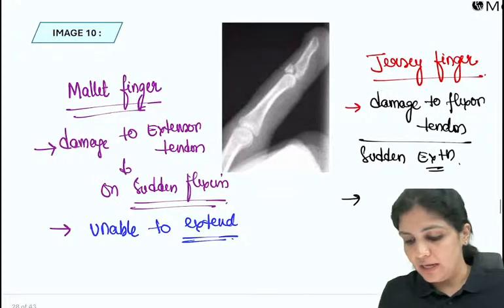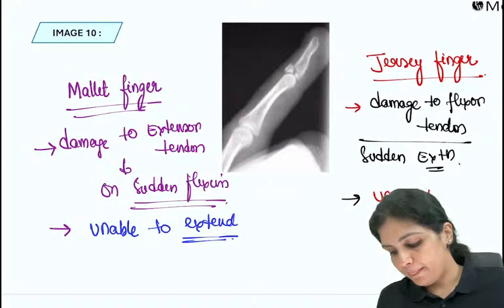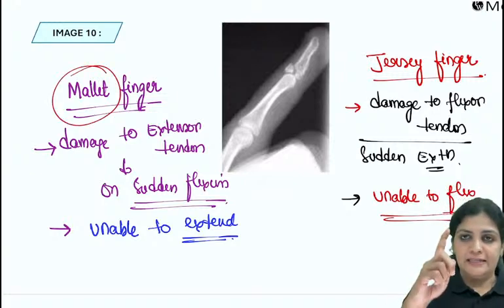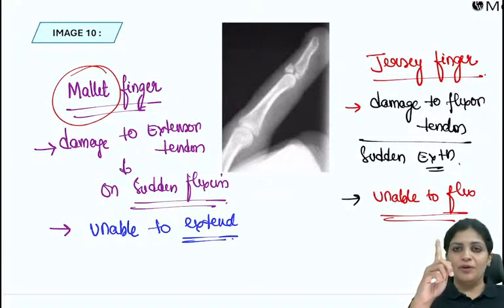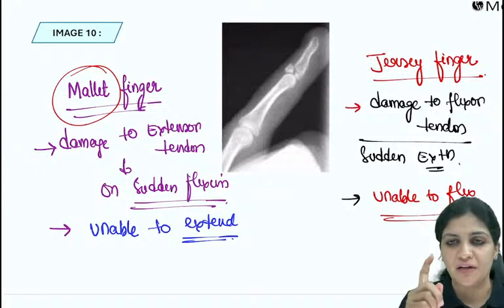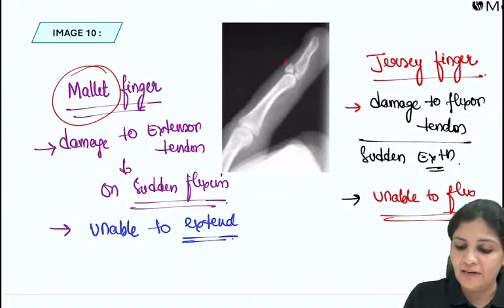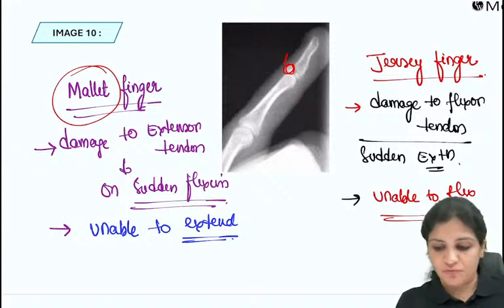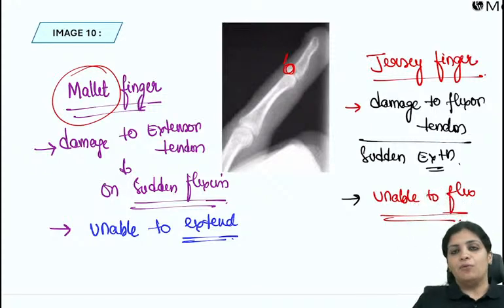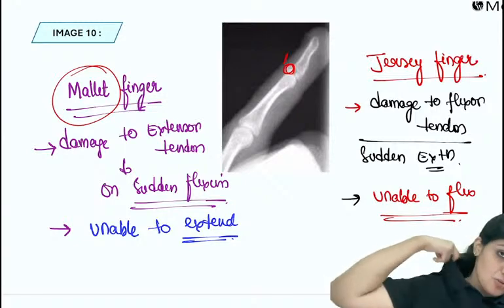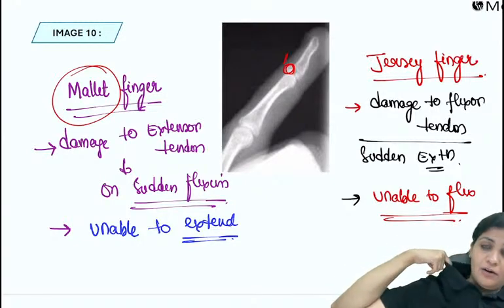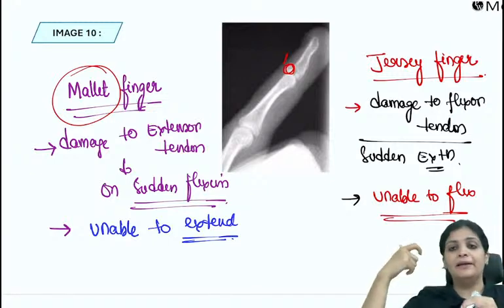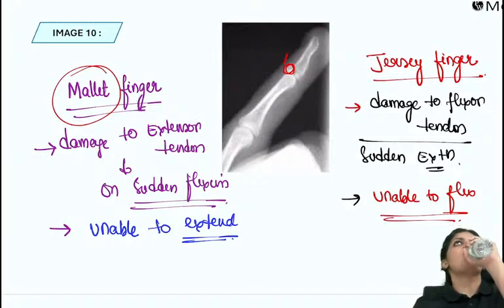And now patient will be unable to flex. So remember, mallet is like this. It will be like this. So patient will be unable to extend it like this. We will put his finger in this way. So this is a mallet finger. It is an avulsion fracture again, avulsion fracture of the mallet fracture, right? And what is jersey finger? Jersey finger is damage to the flexor tendons because they will hold the jerseys like this. You know, jerseys, they will hold it, and because of the sudden extension, there will be damage to the flexor tendons.